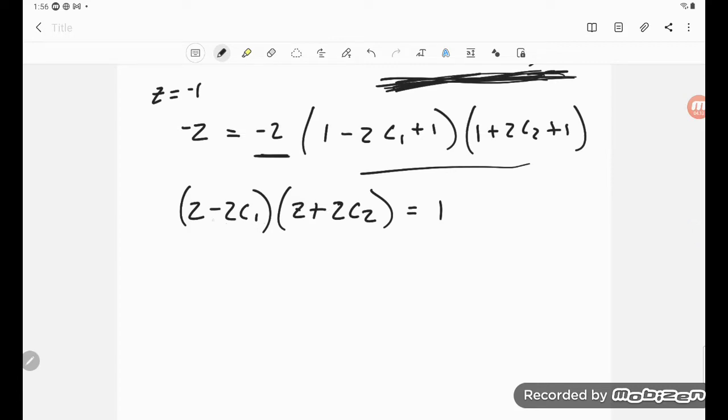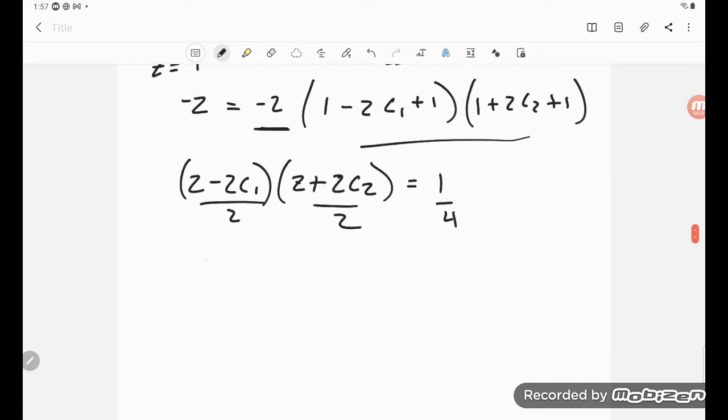So now if I divide through by 4, so divide that by 2, divide that by 2, divide that by 4, you see. So I'll have 1 minus C1 times 1 plus C2 is equal to 1/4.